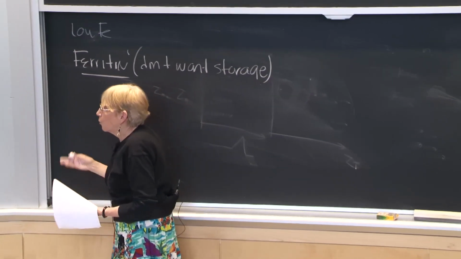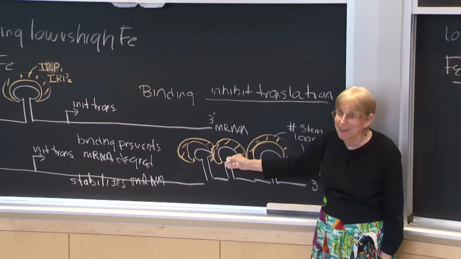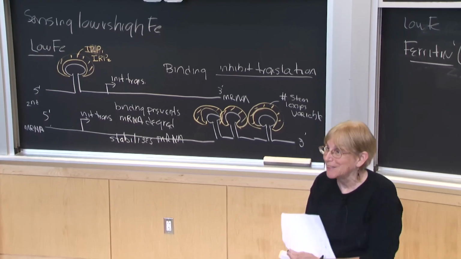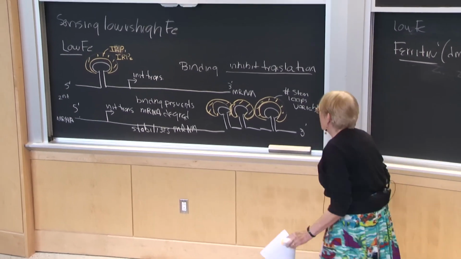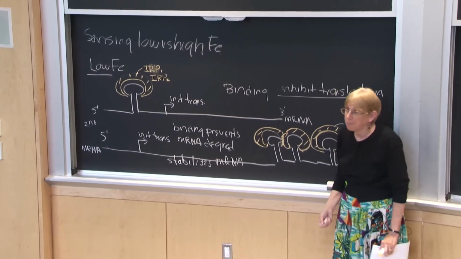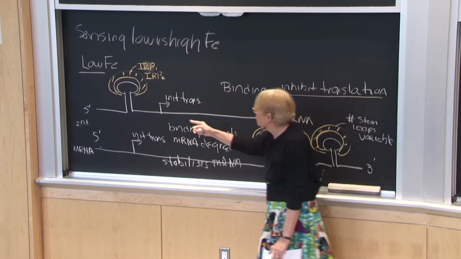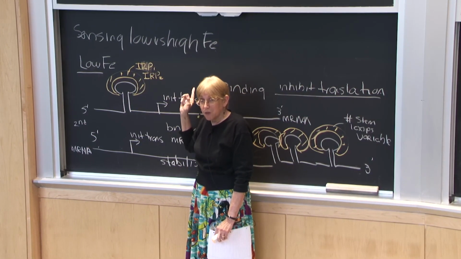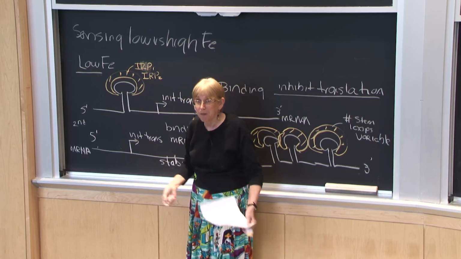Okay, so what would we do? If these are the 2 choices, and these are the 2 choices from experimental data, there are many other variations on this you could have imagined, but this is the model that everybody agrees on at this stage. So where would you put your stem loop? Yeah, you'd put it at the 5' end. And why would you put it at the 5' end? Because it prevents conversion of your message for ferritin into the protein, okay? So you have less of the ferritin.